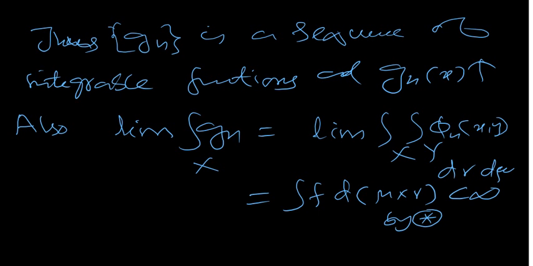So this Gn is a monotonic increasing sequence of integrable functions, and it satisfies one more property, that the limit of the integral over the space x is finite. So that means it satisfies the hypothesis of Levy's theorem.